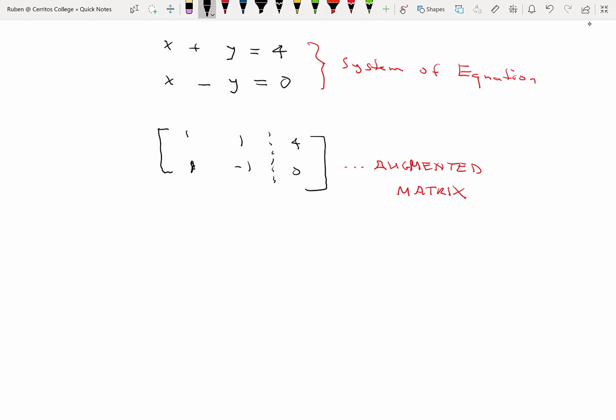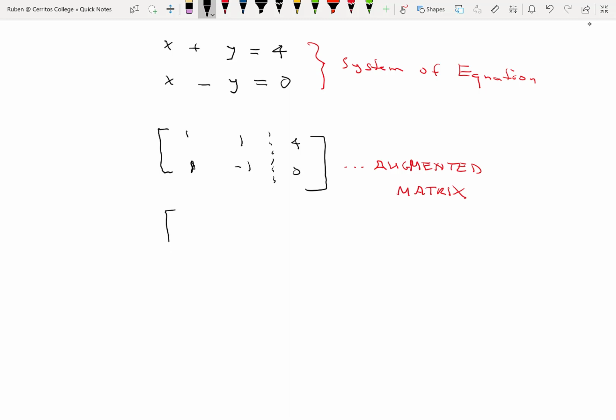We can also rewrite this system in a different way, still using this concept of matrices. The plural of matrix is matrices. The singular is matrix, and the plural is matrices.